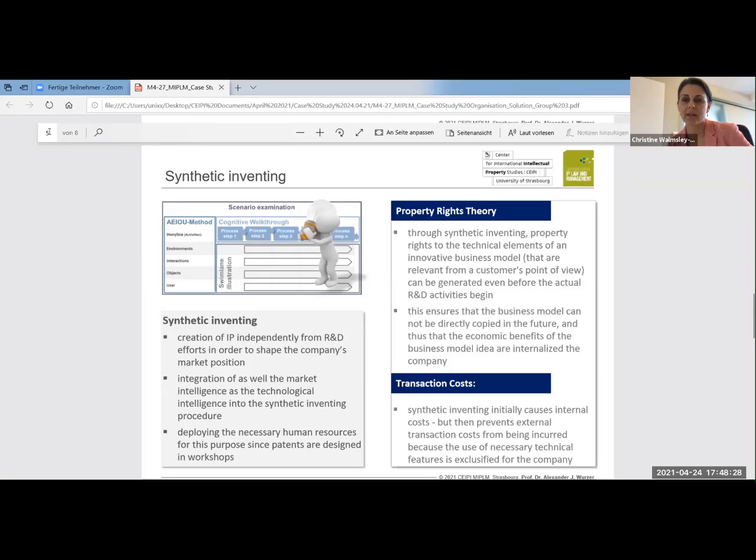So here in the top left-hand corner of the slide, you see one method where you can look at a scenario examination. You can look at activities, environments, interactions, objects, and users. And then if you put that in a swim lane illustration and you do a cognitive walkthrough where you define different processes of the users and what would be happening, you can potentially arrive at different aspects which would improve your product.